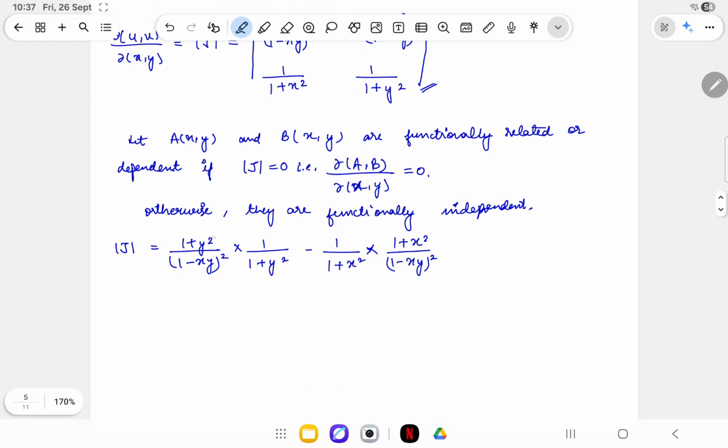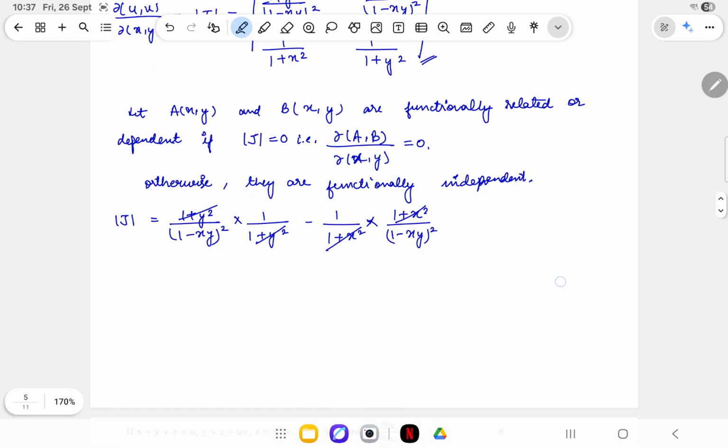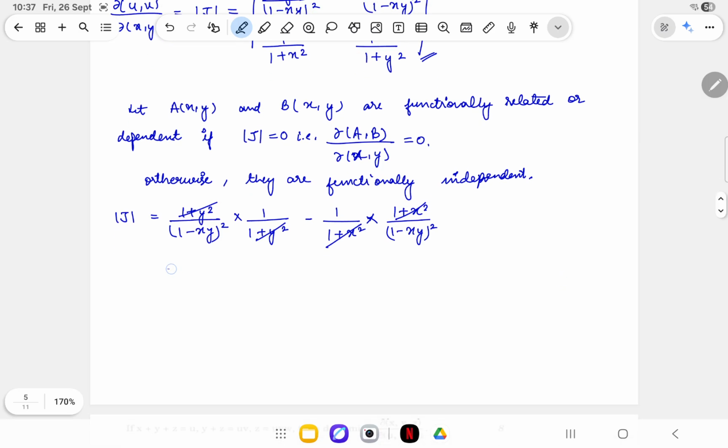So if we simplify it, this term balances this, and we can also balance out the 1 plus x square term. So we are left with 1 by (1 minus xy) square minus 1 by (1 minus xy) square, which is 0. So since our Jacobian is 0, we can say that u and v are functionally related.